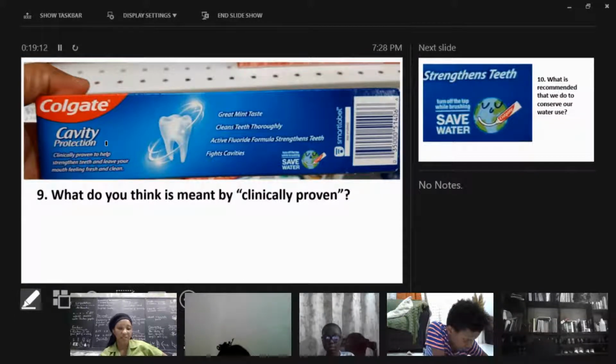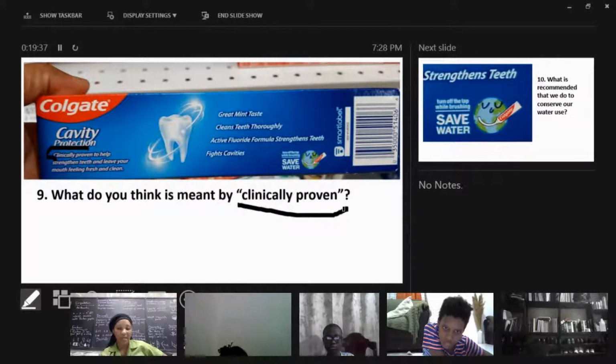Colgate cavity protection, clinically proven, and this is what they're asking about. Clinically proven to help strengthen teeth and leave your mouth feeling fresh and clean. Great mint taste, cleans teeth thoroughly. Active fluoride formula strengthens teeth, fights cavity. So, what do you think is meant by clinically proven?